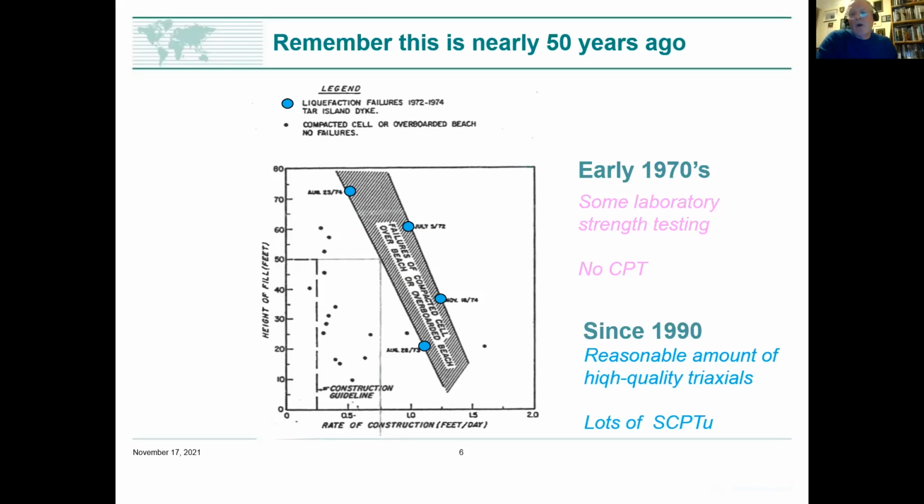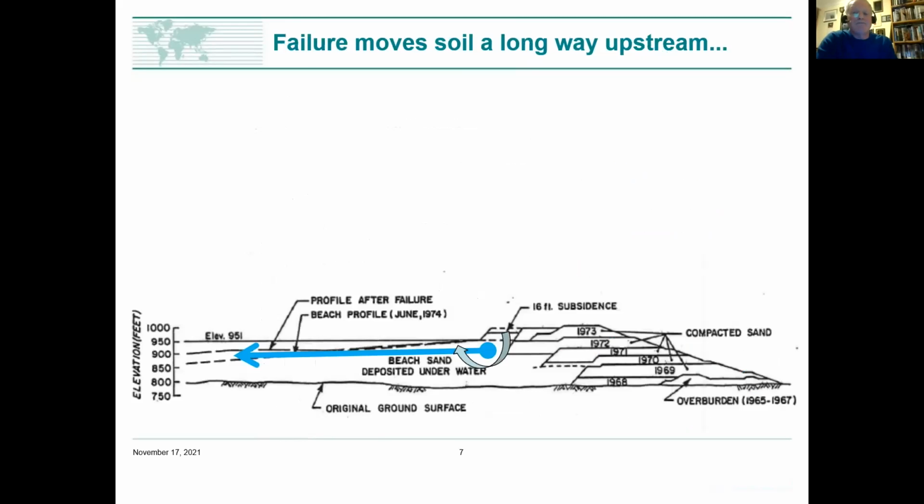So in pulling this case history together, we're actually blending original documentation from the day with measurements made 20 years later, but we're relying on the idea that the placement procedures are the same. The sand has remained the same. And that is our justification for why we say we can take more recent data and map it back to what was happening in 1970 to understand why things happened as they did.